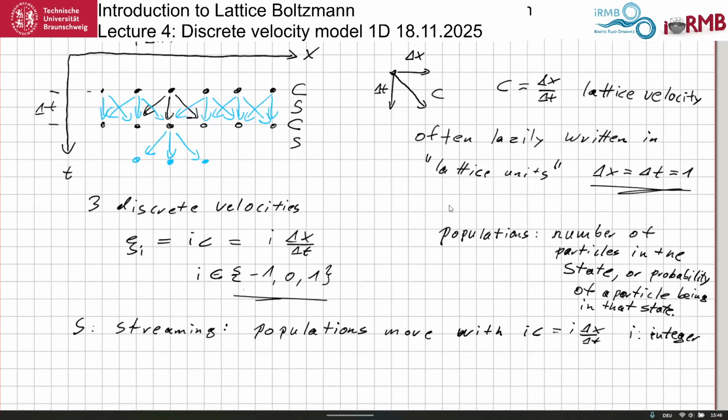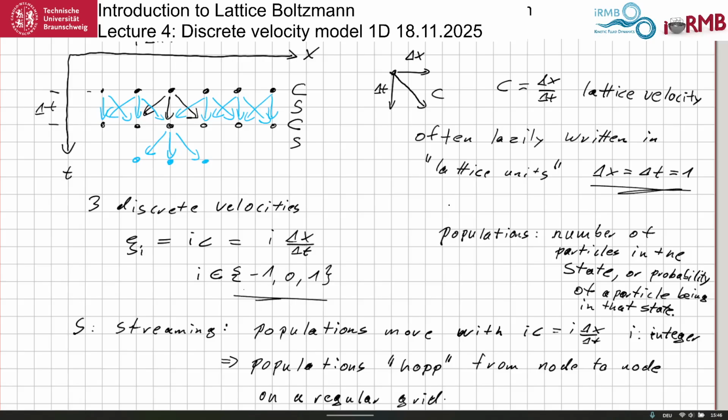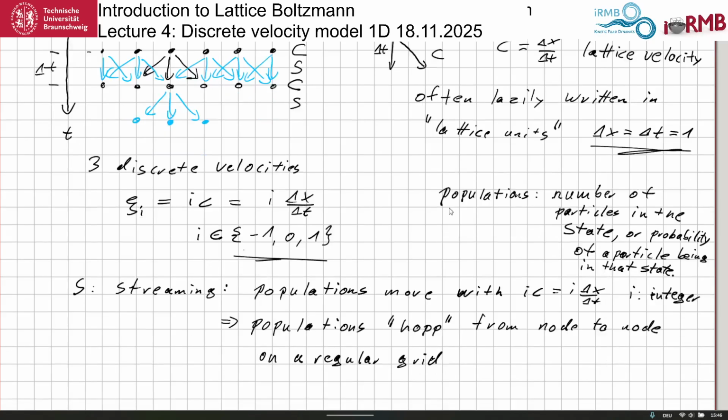Meaning that these populations hop from node to node on a regular grid. So this is the lattice in lattice Boltzmann, yeah?